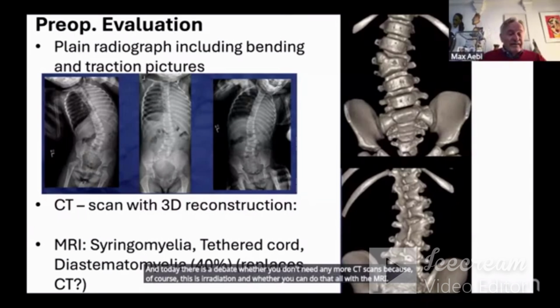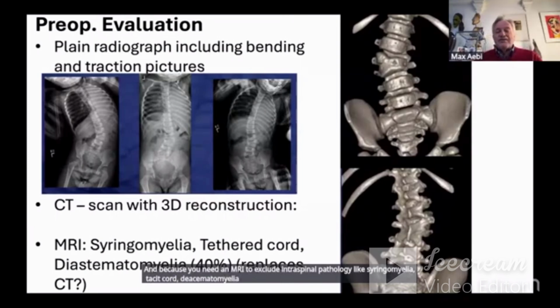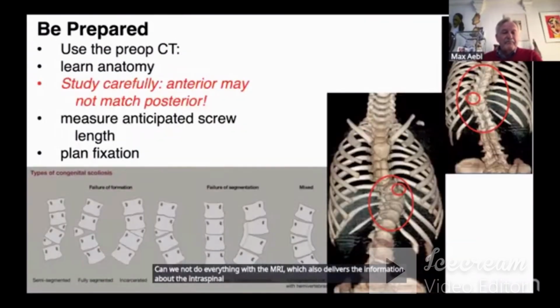Because you need an MRI to exclude intraspinal pathology like syringomyelia, tethered cord, diastematomyelia, and so on. So the question is, do we need the CT? Can we not do everything with the MRI, which also delivers the information about the intraspinal issues?